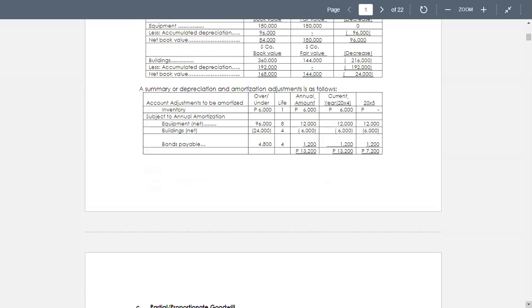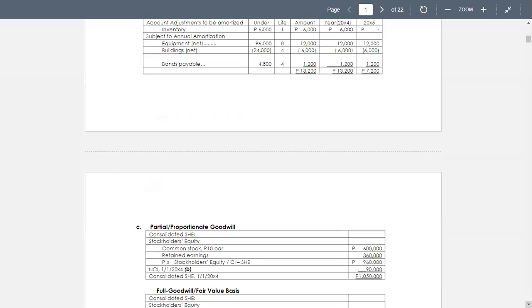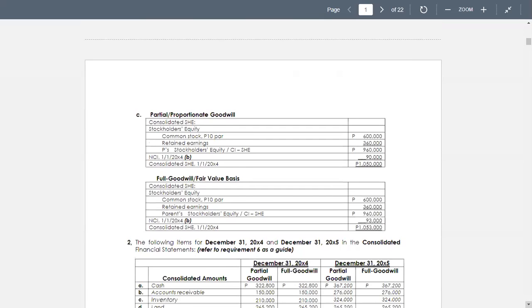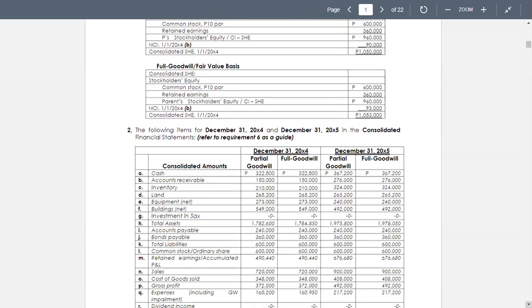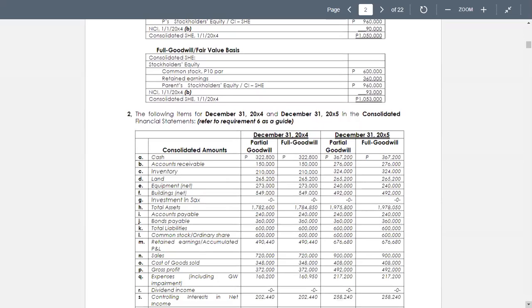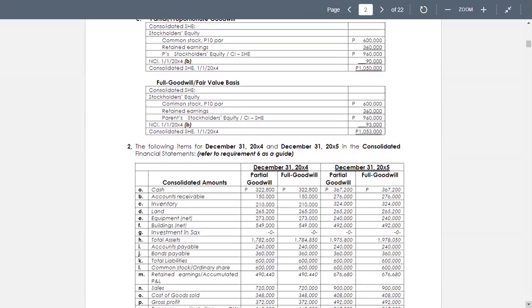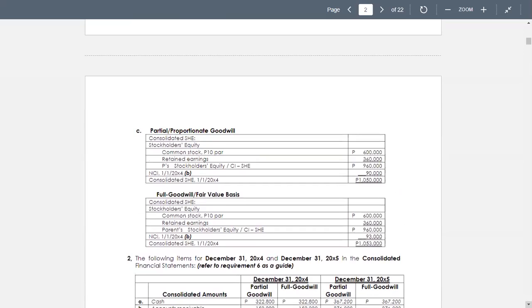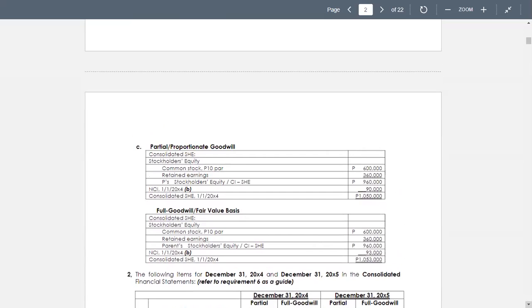Okay, next we go to the letter C requirement. Actually, letter C requirement is to determine the consolidated shareholders' equity or stockholders' equity. So we are going to determine the consolidated stockholders' equity either by partial or full goodwill basis.